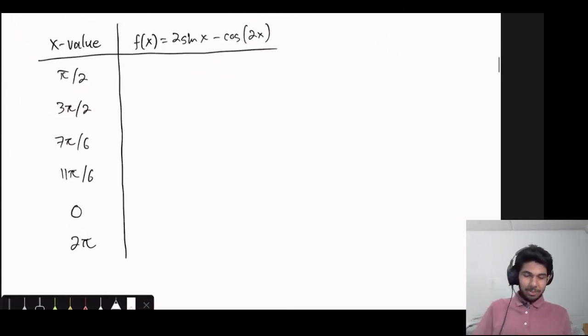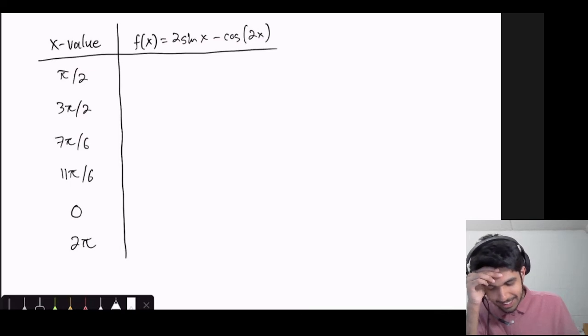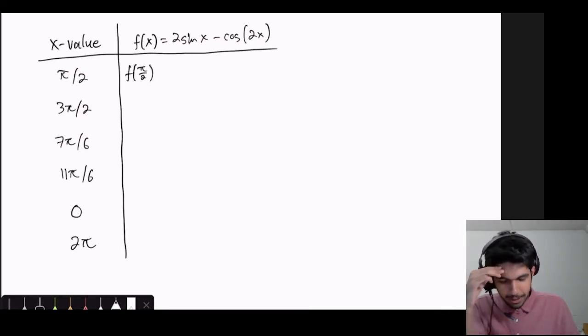Now, what some people think is the best part about all of this, and some people think is the worst part, is doing the algebra. We do have to be careful here that we don't make mistakes, so it can be tedious, but sometimes it's fun. I kind of enjoy it. F of pi over 2 equals 2 sine of pi over 2 minus cosine of 2 times pi over 2, so that's just pi.